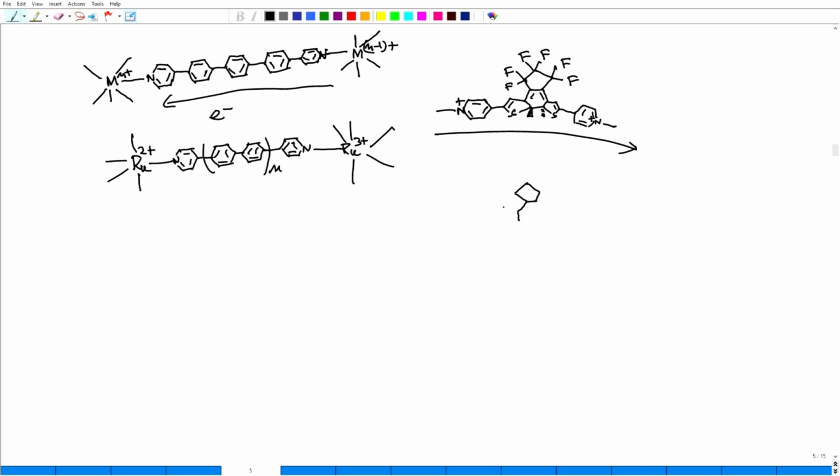1, 2, 3. 1, 2, 3. And then sulfur, sulfur. This exactly is necessary, that is why I am taking so much trouble drawing this.